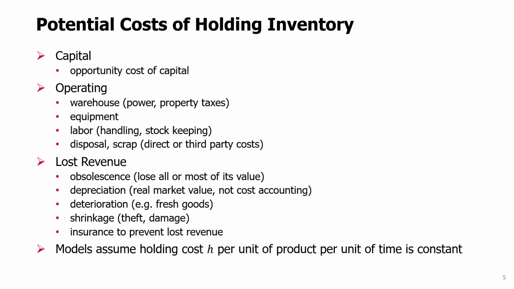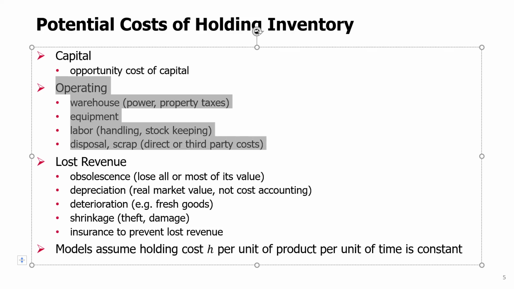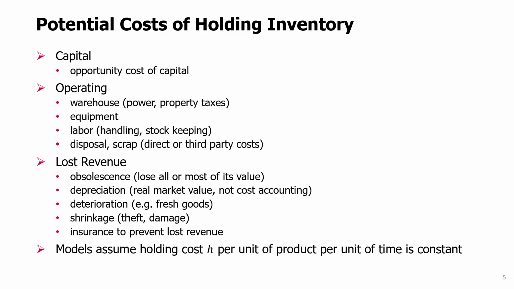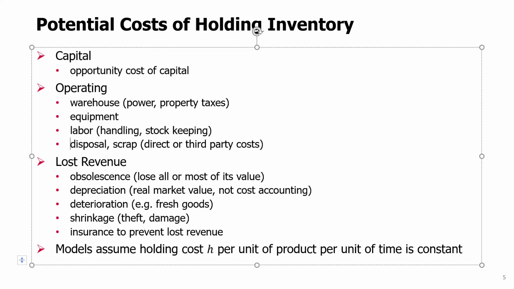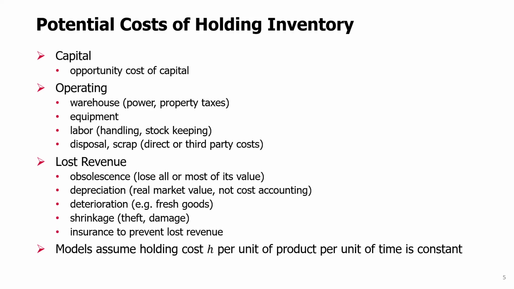The other type are operating expenses of holding inventory. These are usually related to maintaining warehouse equipment, paying salaries for labor, or some other types of costs. These are usually harder to allocate as a percentage of inventory value because they are independent of the volume that you move through, let's say, a warehouse.